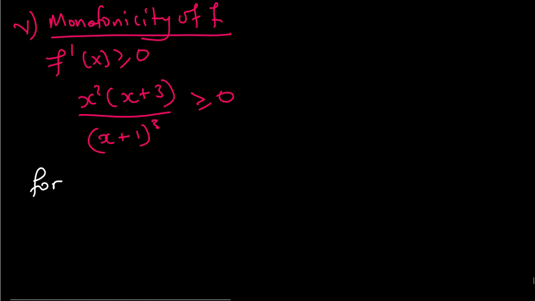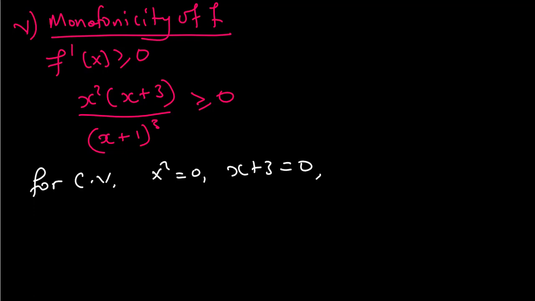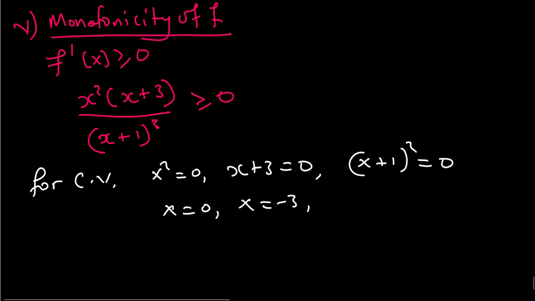So we obtain critical values. For the numerator, we have x squared equals 0 or x plus 3 is equal to 0, and for the denominator we have (x plus 1) squared equal to 0. So this is true if on the numerator x is equal to 0 or x is equal to negative 3, and for the denominator x is equal to negative 1.